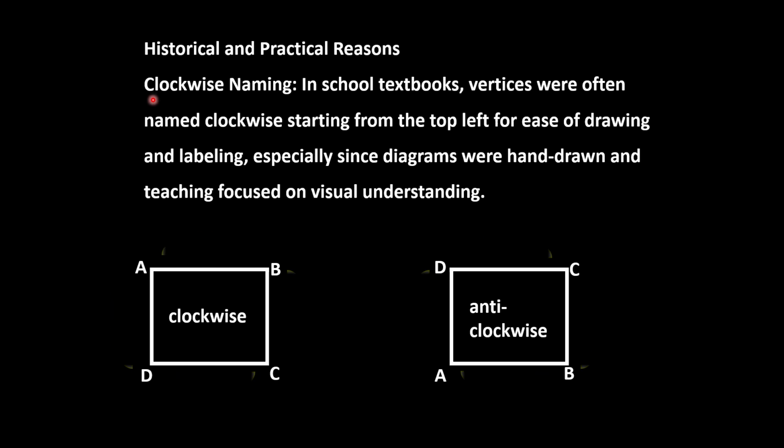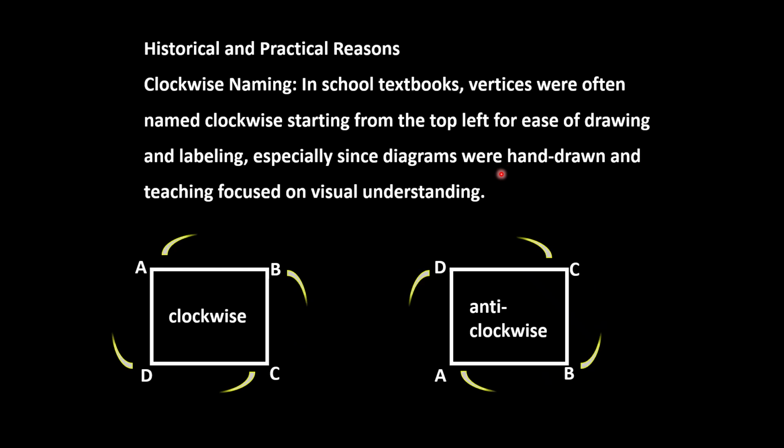When they write a paragraph in English, they always start from the top left margin, the first line, and then go towards the right. So that is the convention they followed, starting at the top left and from A to B, moving towards the right.